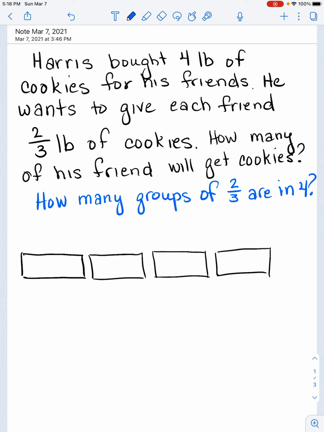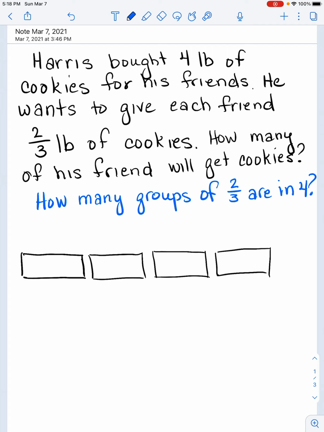And remember, you always want to just get to the meat of the problem. You want to get rid of all the words, boil it down. In this case, if it's a division problem, we can ask ourselves how many groups of 2/3 are in 4.